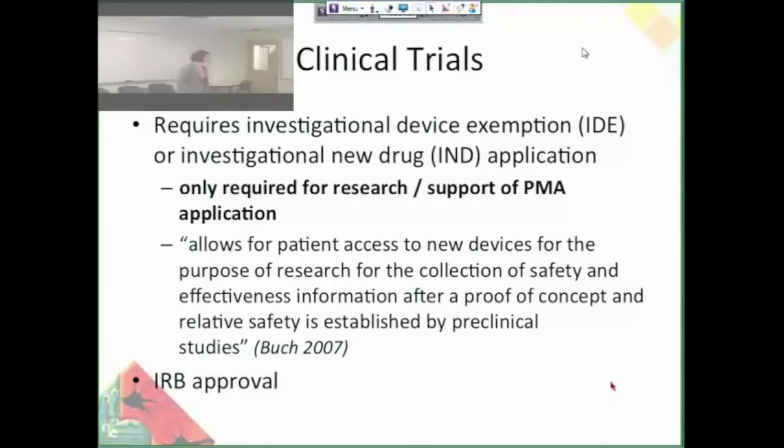So that's really important. But these mechanisms to test devices before approval allow the patients to access these new devices for the purpose of research and collection of safety data before the FDA has approved it. So that's really an important mechanism. And also you need it in order to get approved.